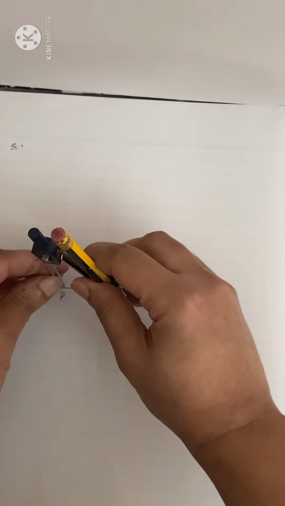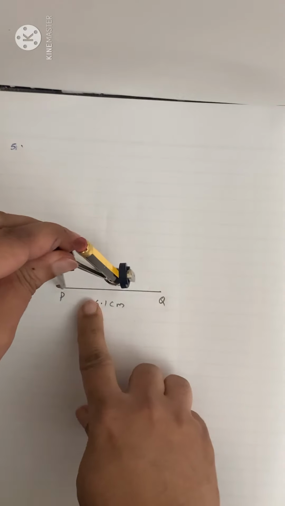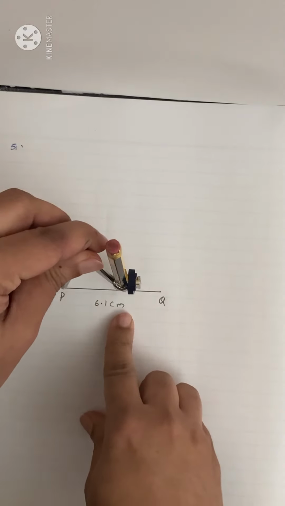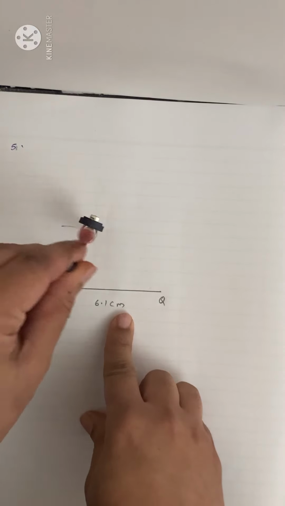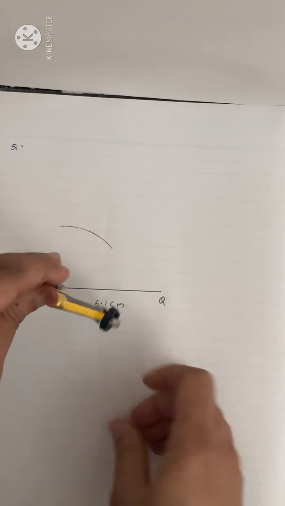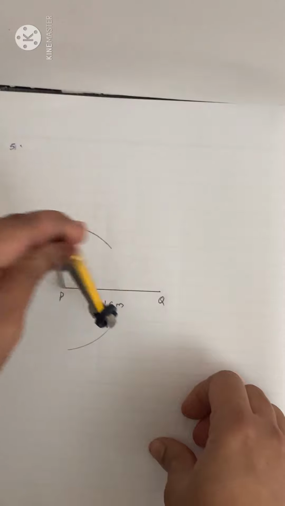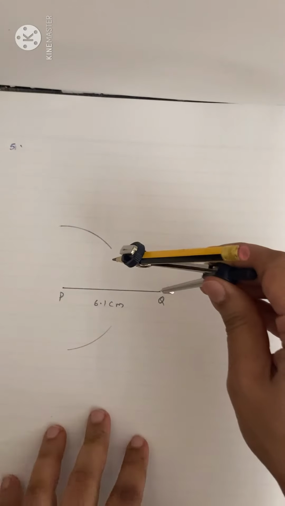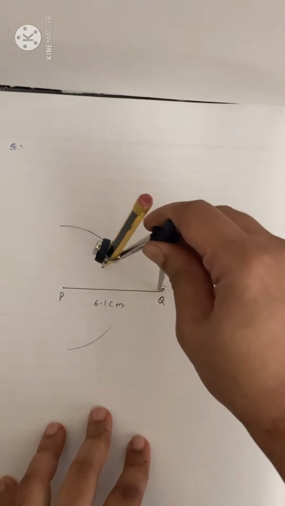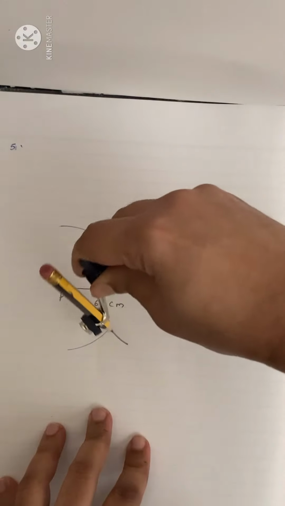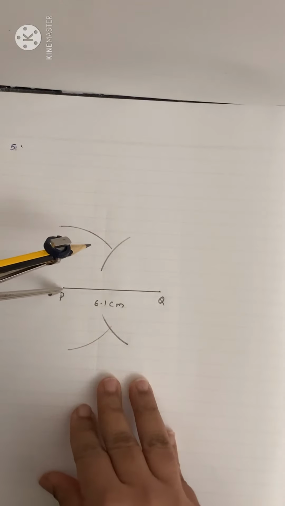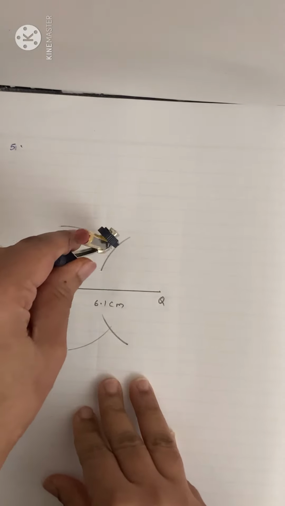With P as center, take a radius which is more than 6.1 and construct an arc above and below the line segment. Same you have to do with Q also. The two arcs should intersect each other.